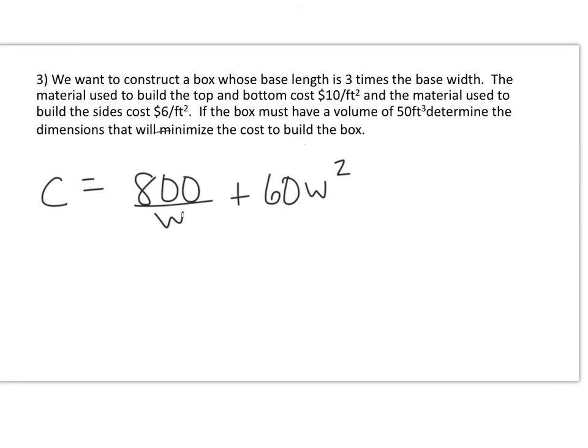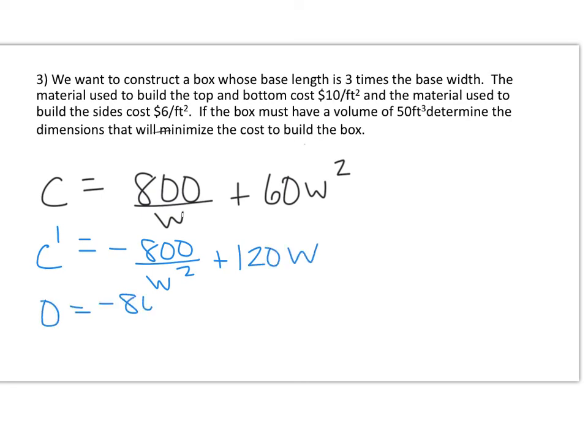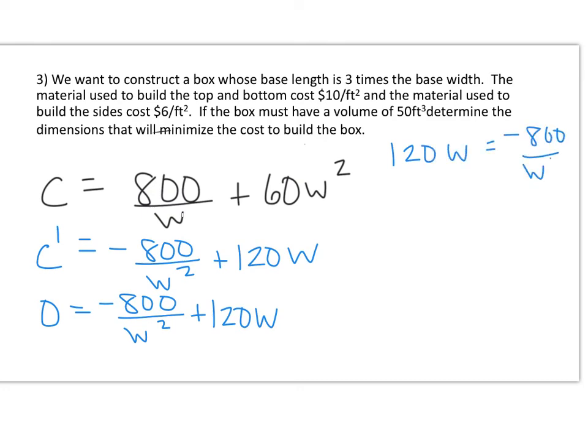Okay, so now taking my derivative, C prime is going to be negative 800 over W squared plus 120W. I want to know when that is equal to 0. So setting equal to 0, I have 120W equals negative 800 over W squared. Excuse me, positive 800. I added my 800 to both sides.